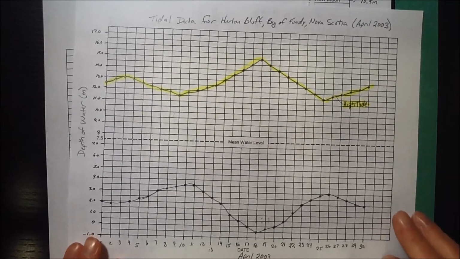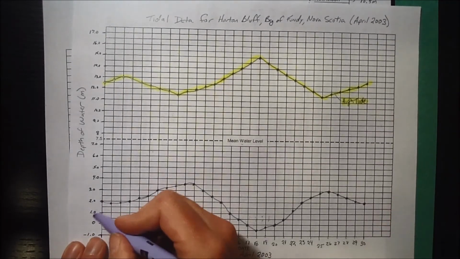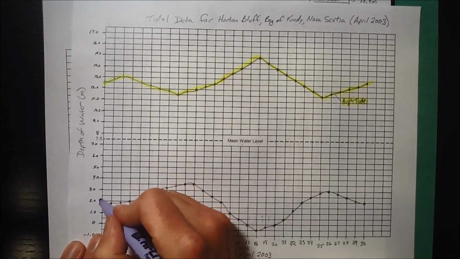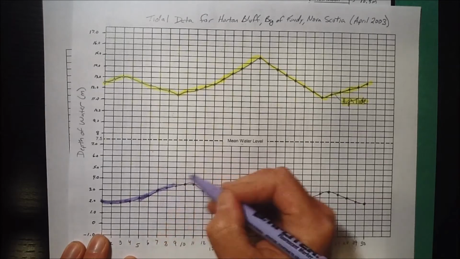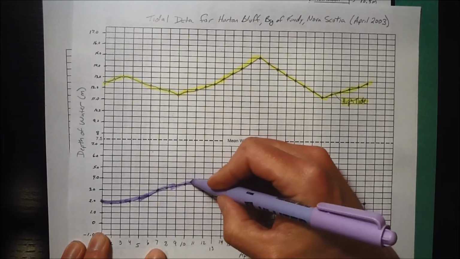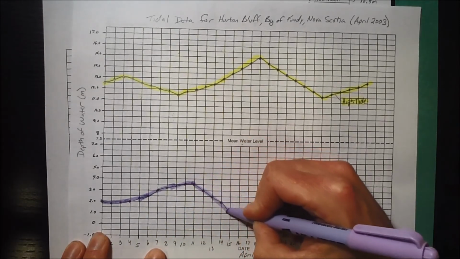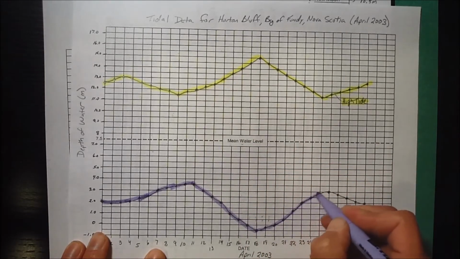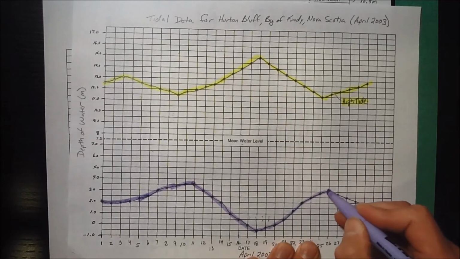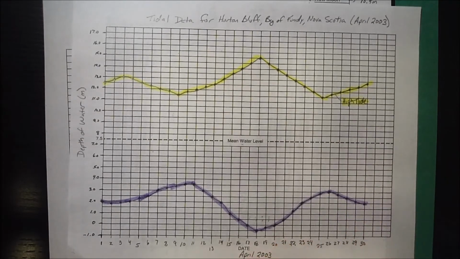The tides are definitely caused by the gravitational pull of the moon, and then they can be modified a little bit by the gravitational pull of the sun, and that's really part of what we're investigating with this data. So I'm just highlighting this so it's a little bit easier for you to see in the video.